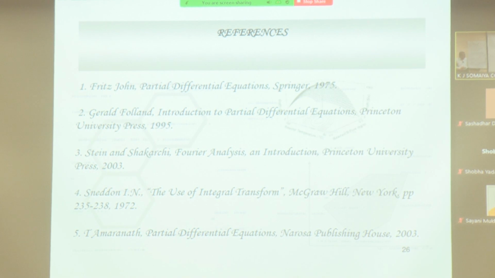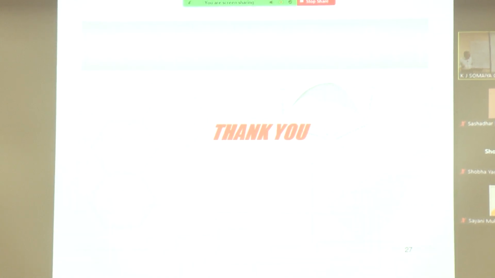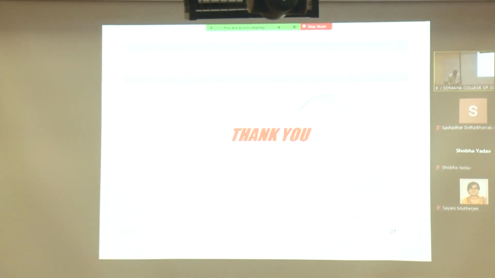Snedon is a well-known book for integral transforms, and T. Amarnath is also a good book for elementary partial differential equations. So these are the references I have included. Thank you. If you have any questions, please do not hesitate to talk with me.